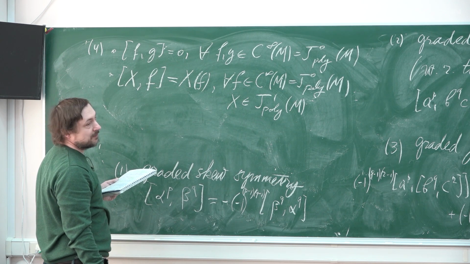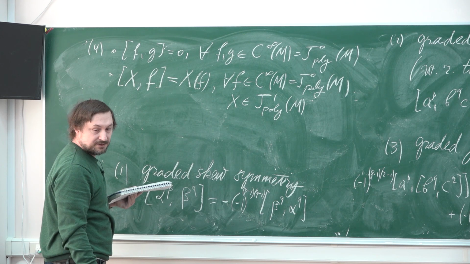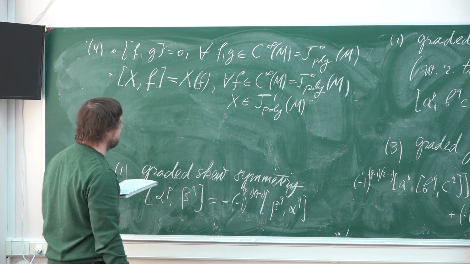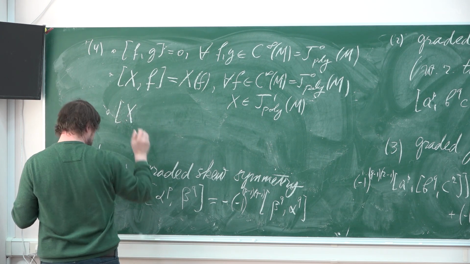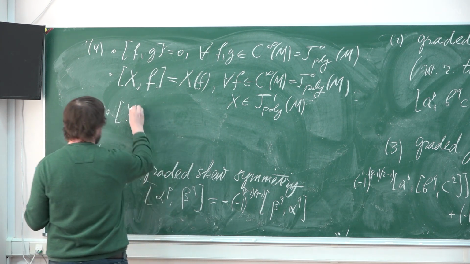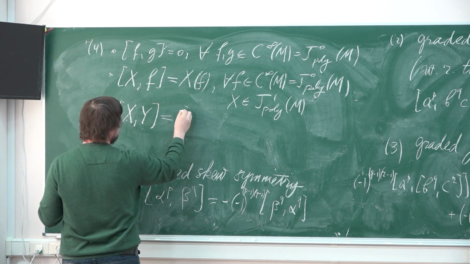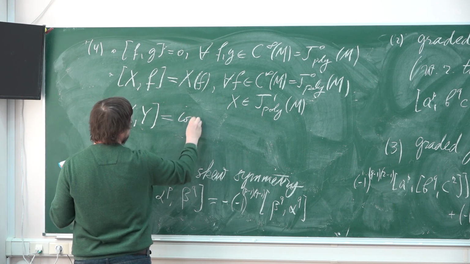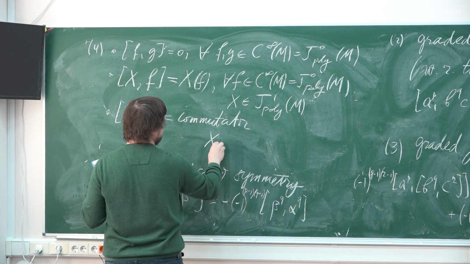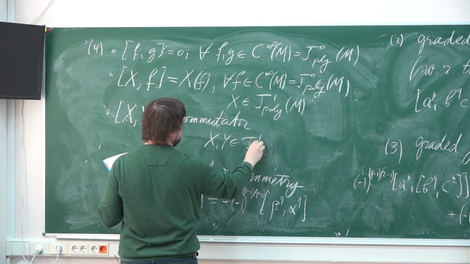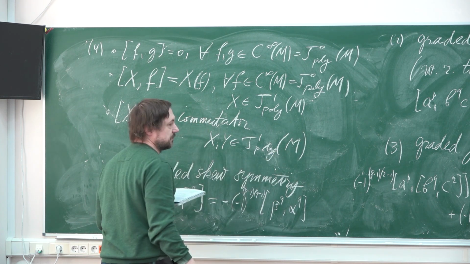Up to the sign, we have a unique function naturally associated with a function and a vector field, just the value of the vector field on this function. And the third condition is when you take X and Y to be just vector fields, then you get just the usual commutator.